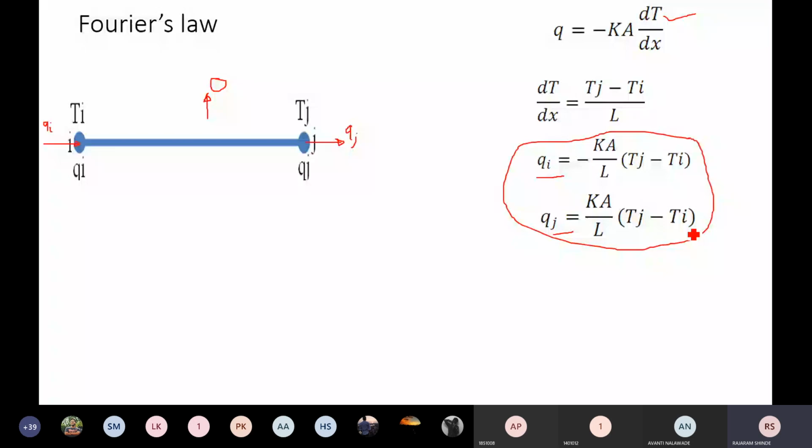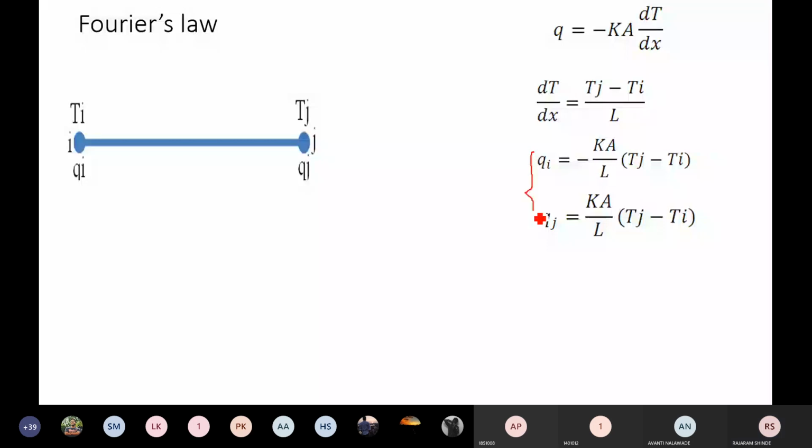Now can you write this in matrix form? You see here, if I write this as one matrix, I will clear first. This on the left side is one matrix.